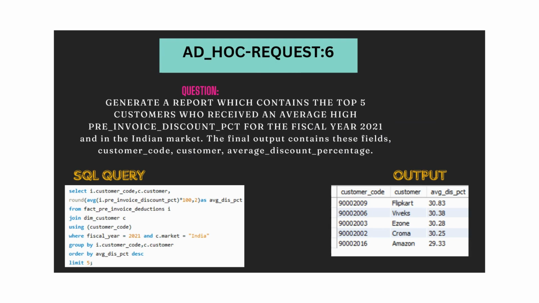Alright, let's move to another one. Generate a report which contains the top 5 customers who receive an average high pre-invoice discount percentage for fiscal year 2021 in the Indian market. The final output contains these fields: customer code, customer, average discount percentage. So I have just run the SQL query here, where I perform the join and limit, and then the output we got here: Flipkart, Vijay Sales, Ezone, Croma, Amazon, and the other customers, with the customer code and the average discount percentage.